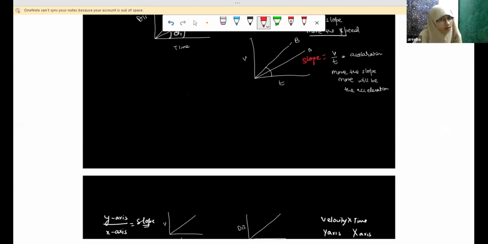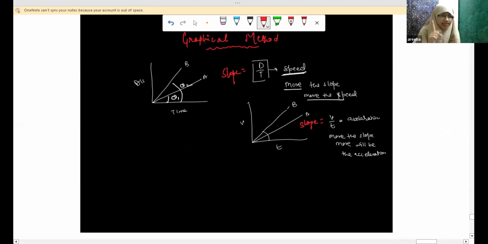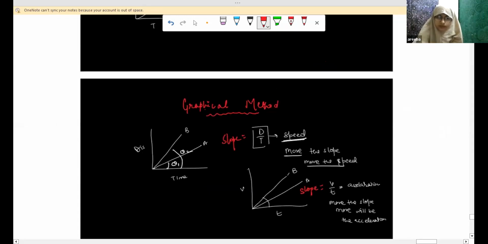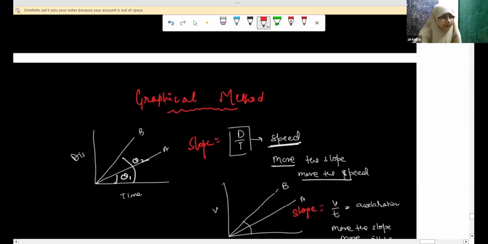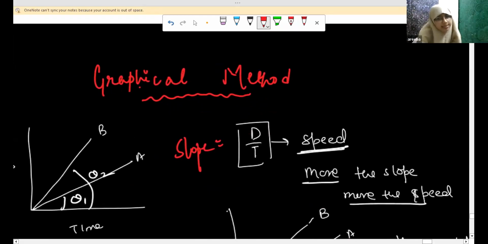So the y-axis in the distance time graph is the distance, and the x-axis is time, which is the formula for distance upon time. Don't you think speed is the formula for distance upon time? That is why we say the slope of the distance time graph gives us speed, because it resembles the formula for speed. Yes or no?